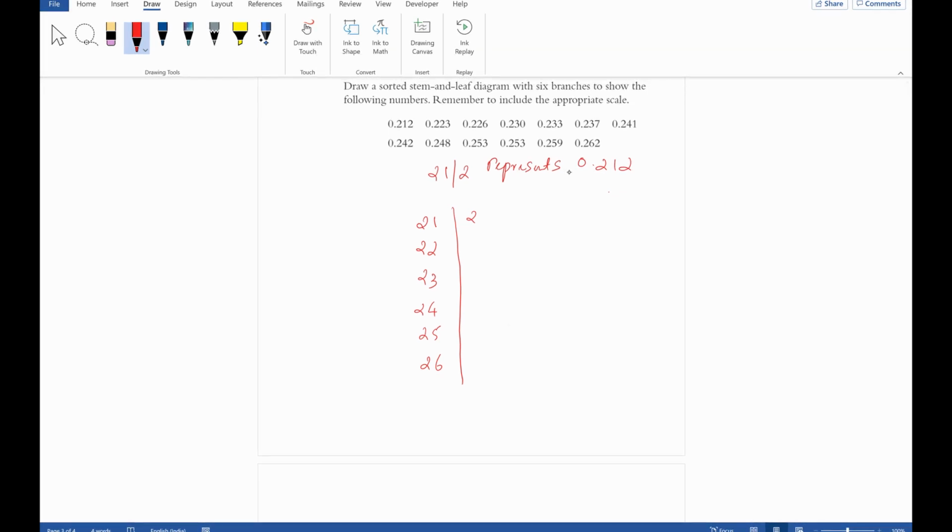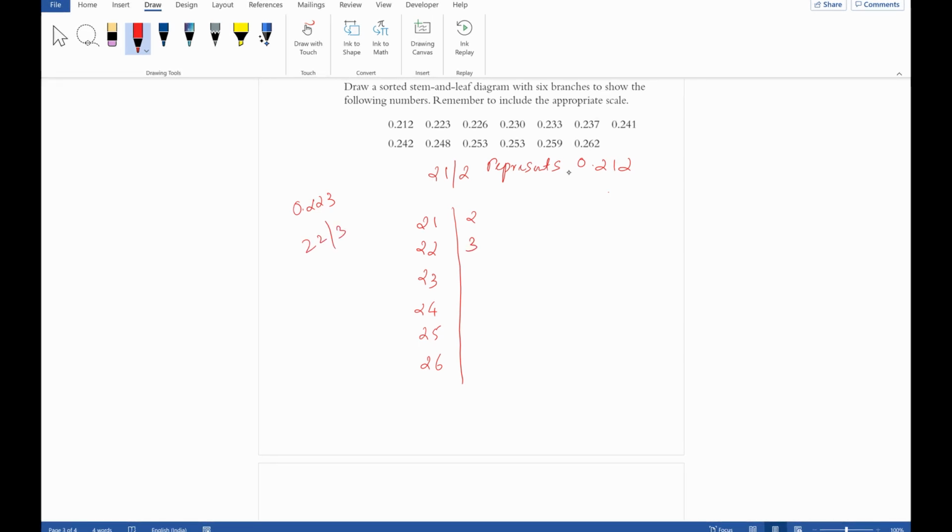Now 22, you take the second value 0.223, so you could write it as 22 bar 3. Then 22 bar 6 represents 0.226.